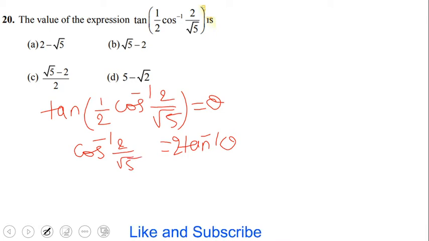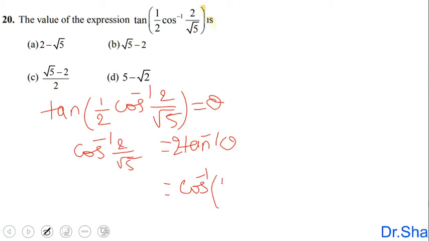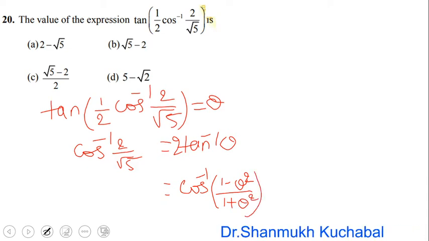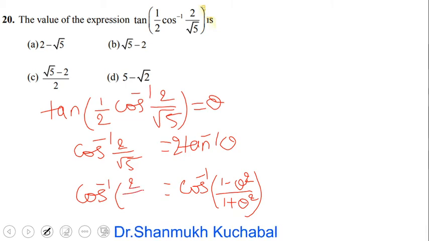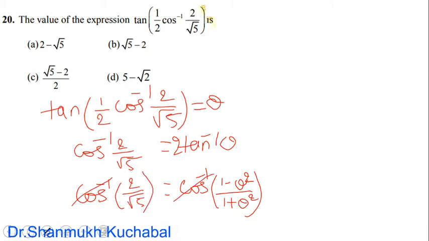Then on the RHS I express in terms of cos inverse: 2 tan inverse theta can be written as cos inverse of 1 minus theta square divided by 1 plus theta square, and here it is cos inverse 2 by root 5. So both sides cos inverse cancel.